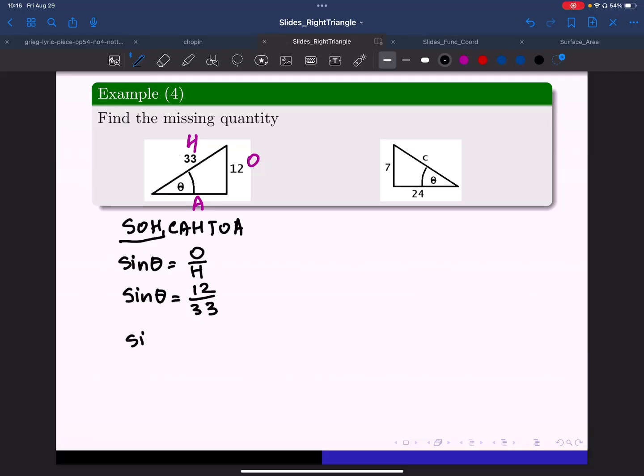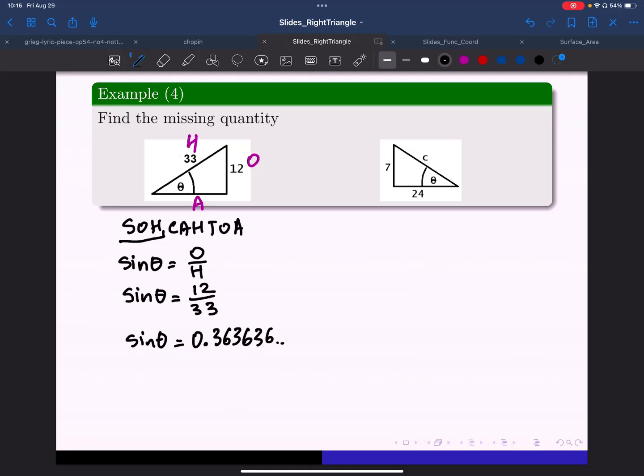So sine theta, if we type on calculator 12 divided by 33, we are getting 0.363636. So to find theta, we need to take sine inverse.